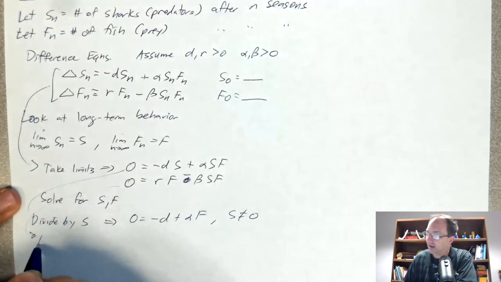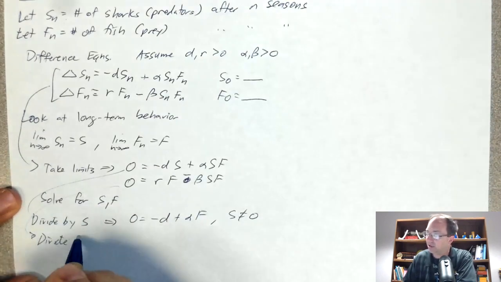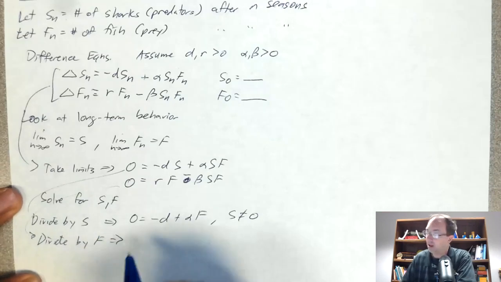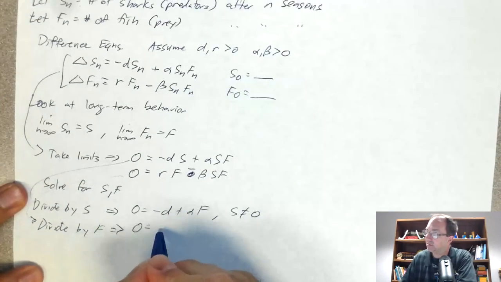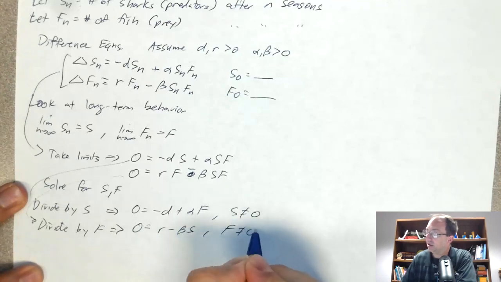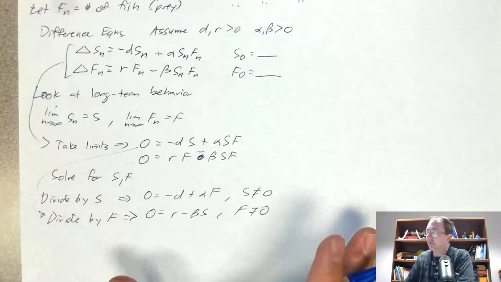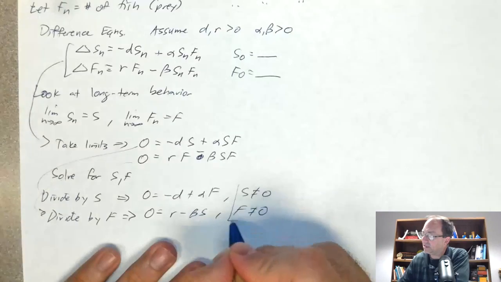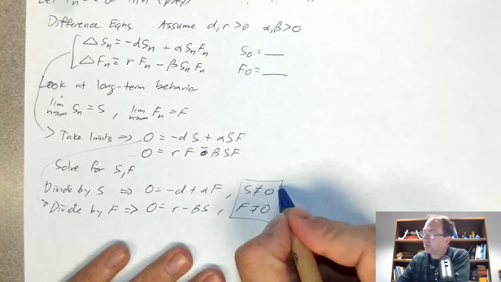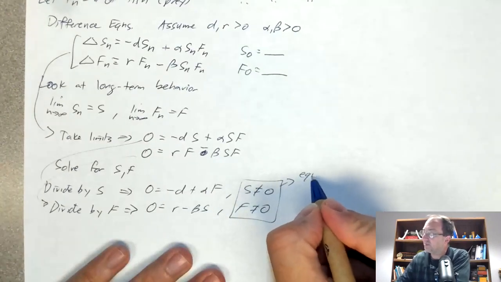And likewise, if I do the same thing in the next equation, divide by F, then I'm getting 0 equals R minus beta S, where I'm assuming F is not 0. So these two conditions actually give us an equilibrium of 0, 0.